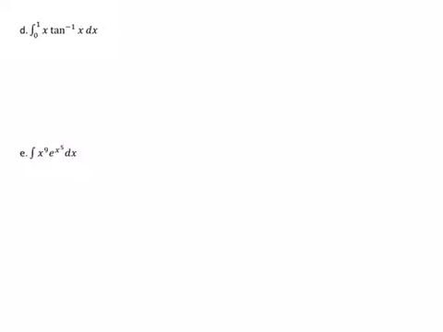Now remember, we want to choose one thing that we differentiate and one that we integrate. So I'm either going to differentiate the inverse tangent of x or I'm going to integrate it. Well, I don't know what the antiderivative is of the inverse tangent, so I'm going to use u as the inverse tangent of x. And then dv will be everything else, x dx.